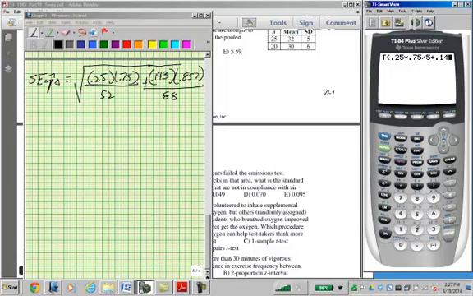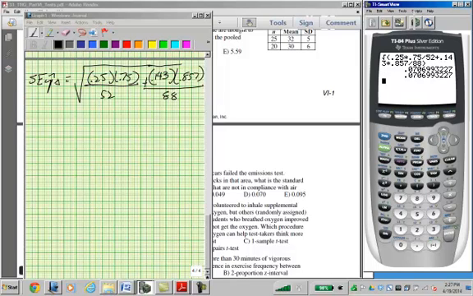So let's double check. 0.25 times 0.75 divided by, oh, I left out a number here, 52, plus 0.143 times 0.857 divided by 88.